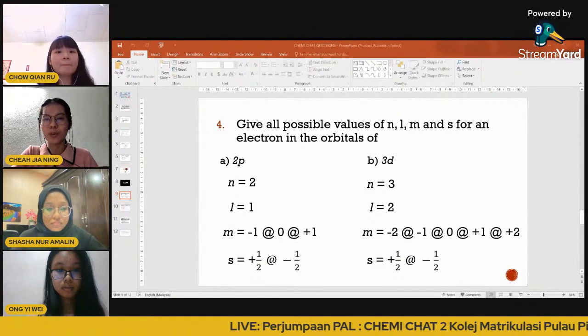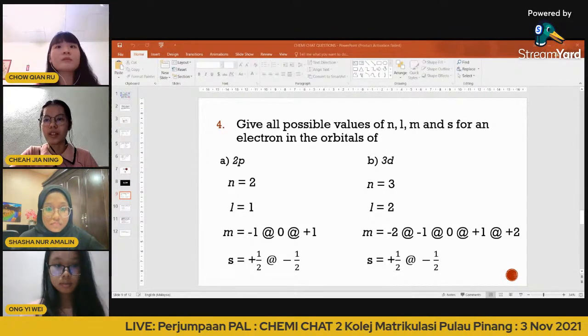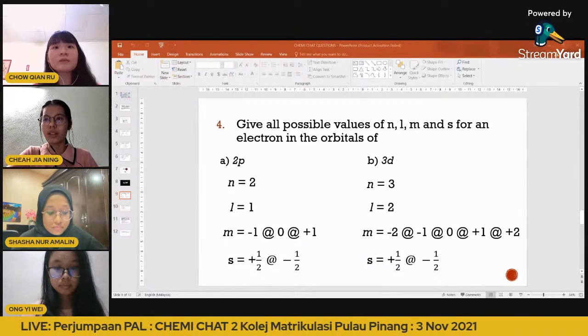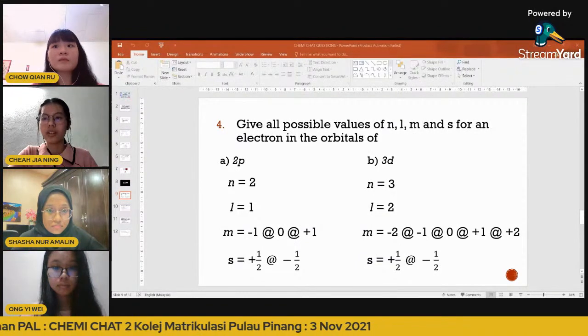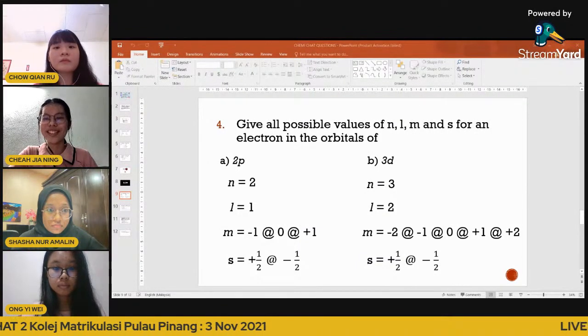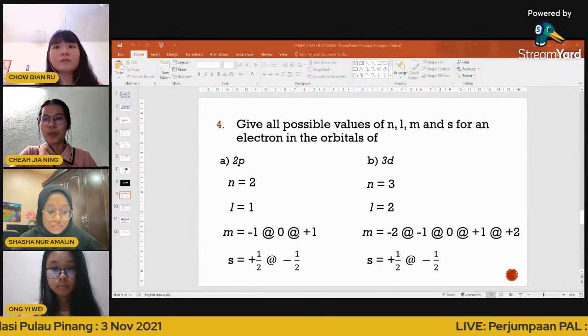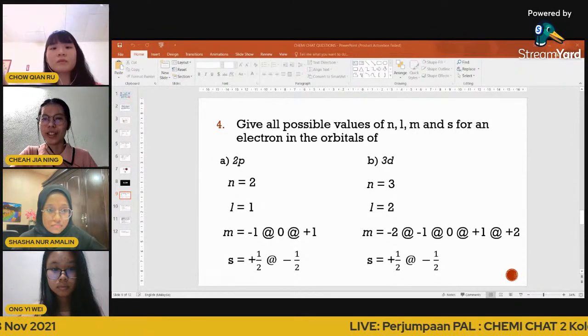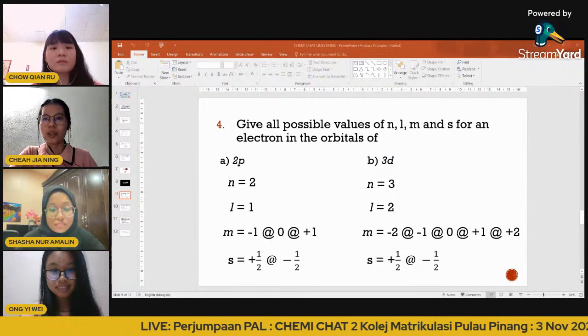So let's move on to B. B is 3d. 3d is located at the third shell, so n will be 3, and 3d has a d orbital, so l will be equal to 2.